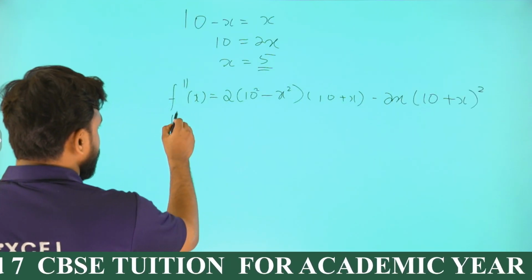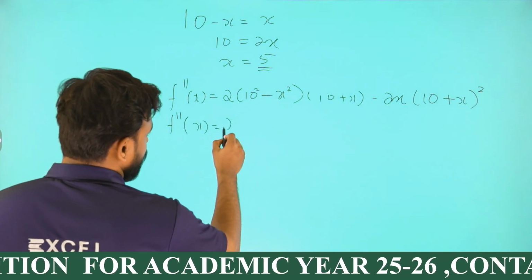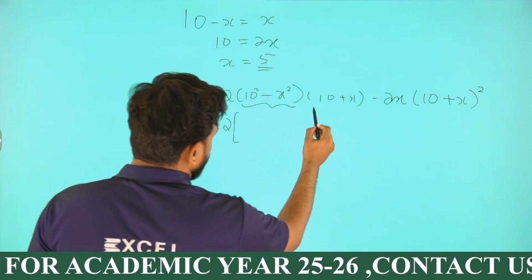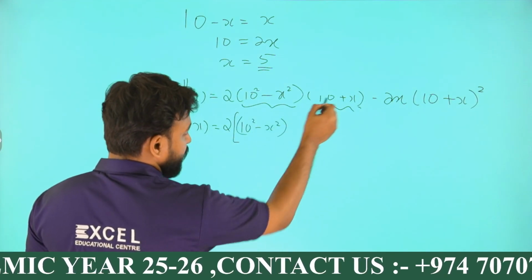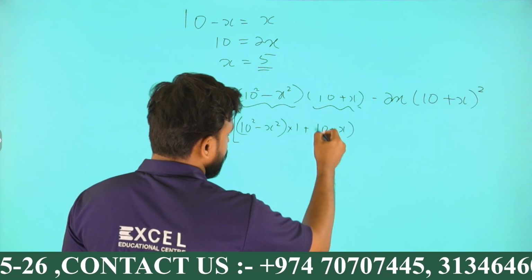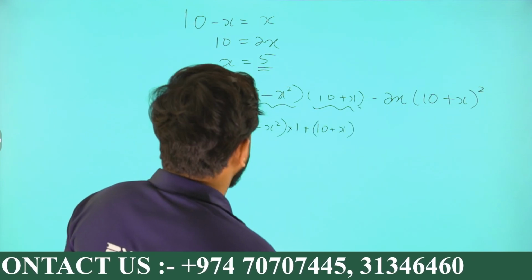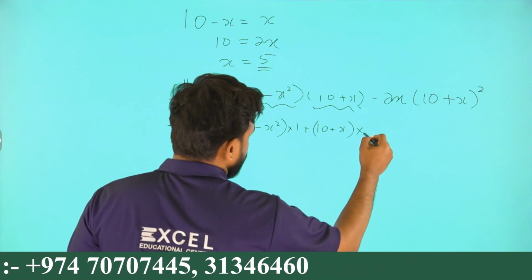So f double dash of x will be, take the constant out, again do the product rule here. First function into derivative of second function is 1, plus second function into minus 2x.